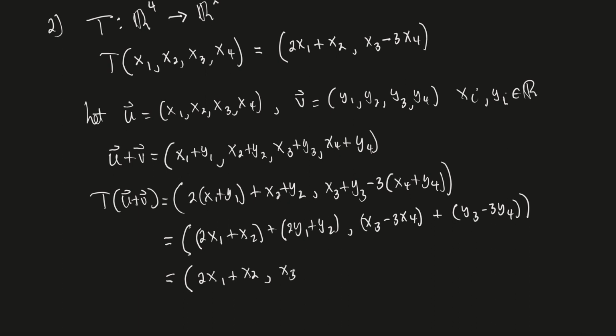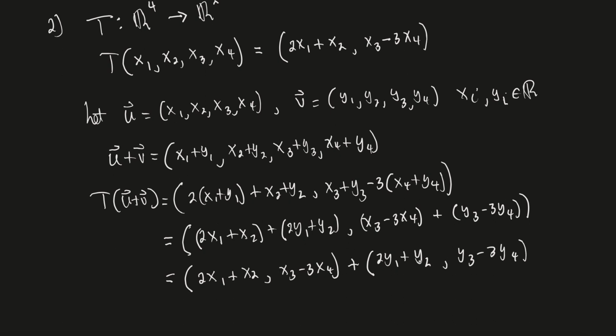So x3 minus 3x4, and then add to that, because look, there is the addition. So add to that this separate vector now that contains the y terms. So 2y1 plus y2, and then comma, and then y3 minus 3y4.